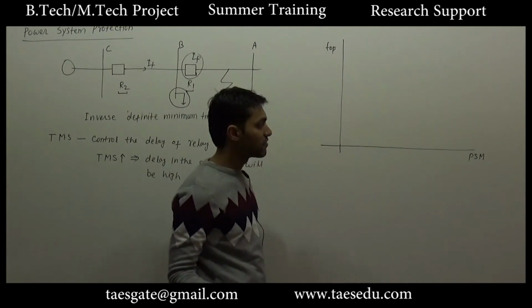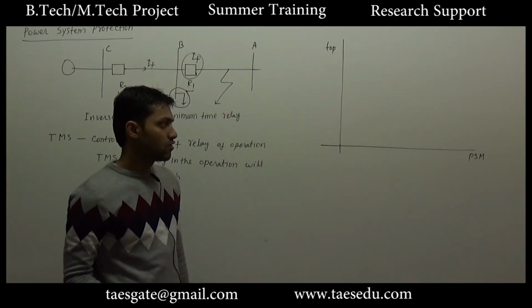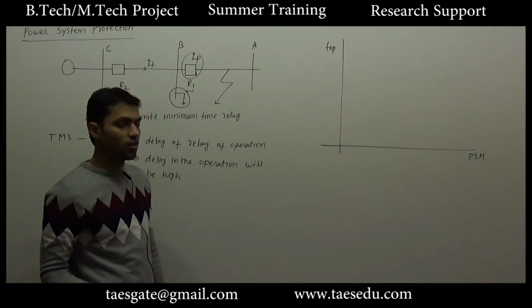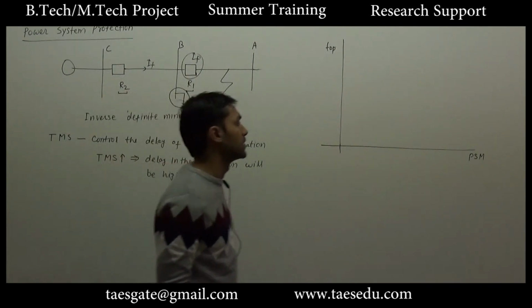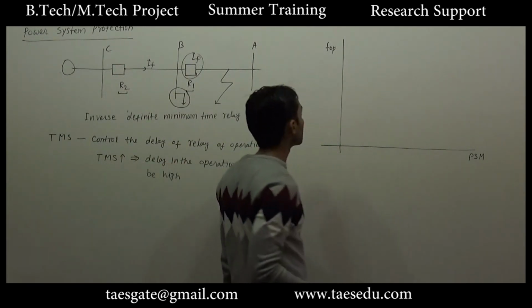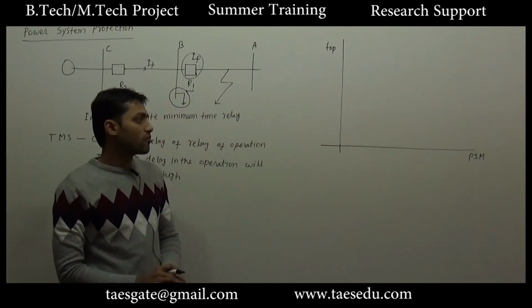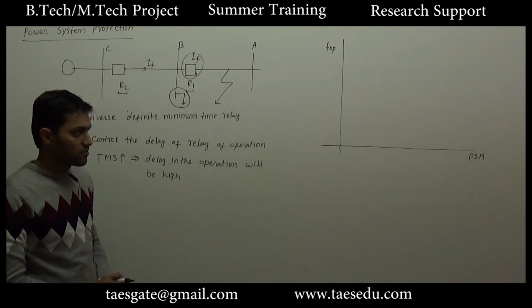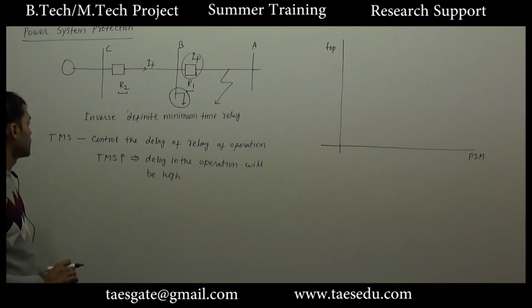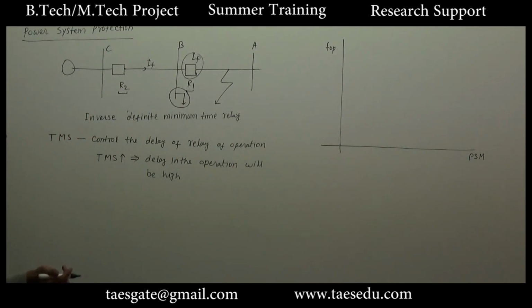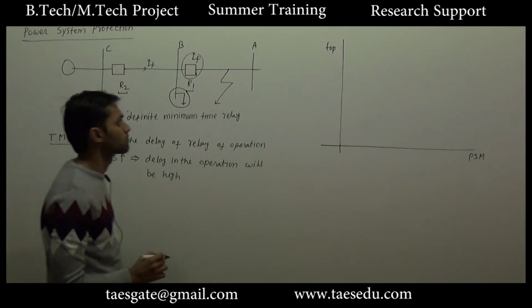PSM is nothing but it reflects the magnitude of fault current. If magnitude of fault current is high, PSM will be high. So now we can plot the graph of time of operation versus PSM for different value of TMS, that is time multiplier setting.